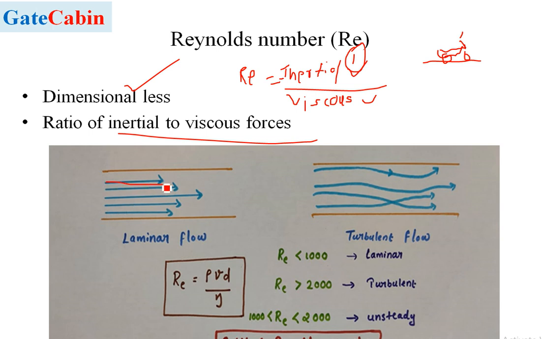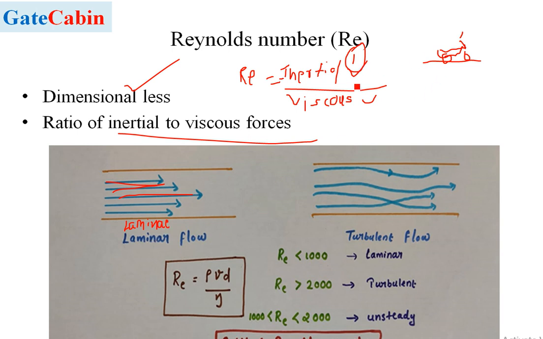You can see here the fluid particles moving layer by layer. In two-dimensional form they form layers, also called laminae. Because the fluid particles move in the form of 2D layers, it is called a laminar flow.